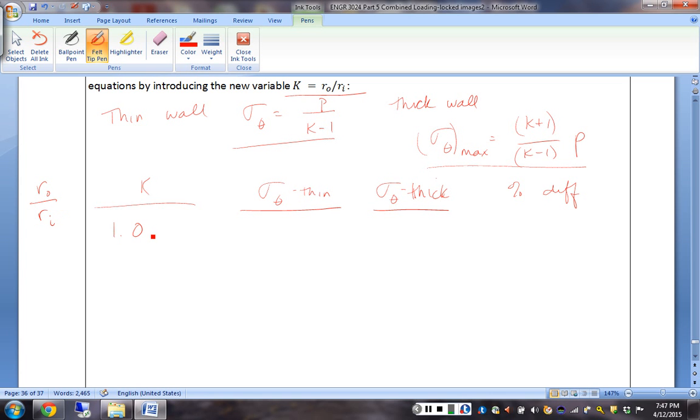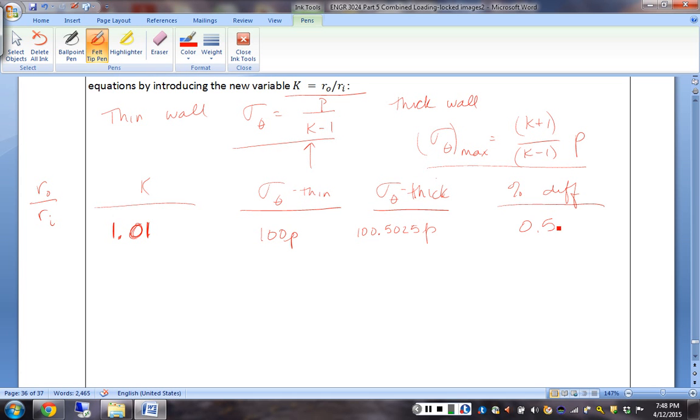So when you do have, in fact, a very thin-walled structure, and your ratio of the outer radius to the inner radius is 1.01, you plug that in to our thin-walled equation, and you get 100 times the pressure as the maximum hoop stress using the thin-walled equations, and using the thick-walled equations you get 100.5025 times the pressure.